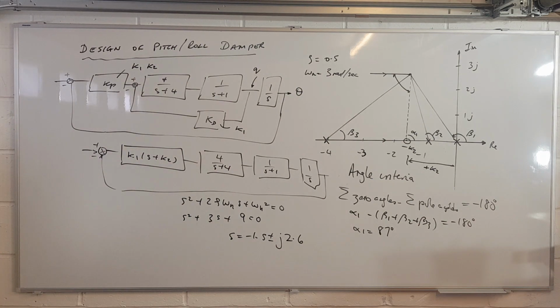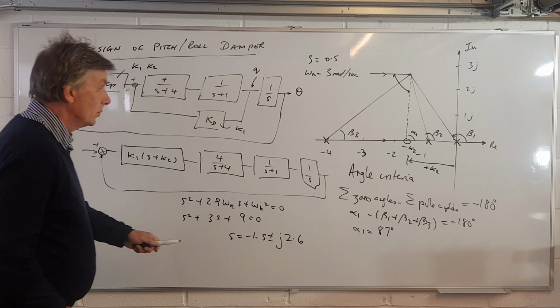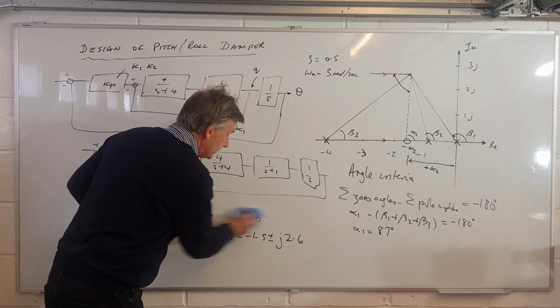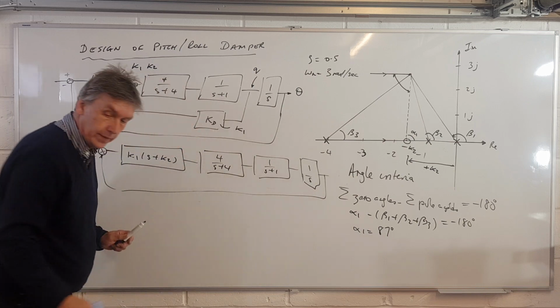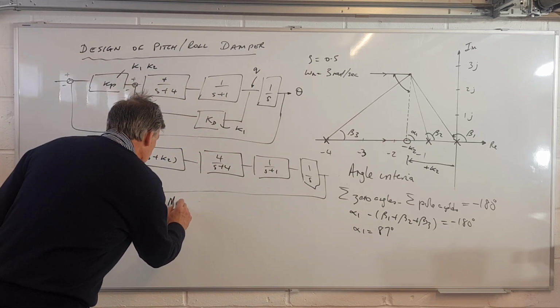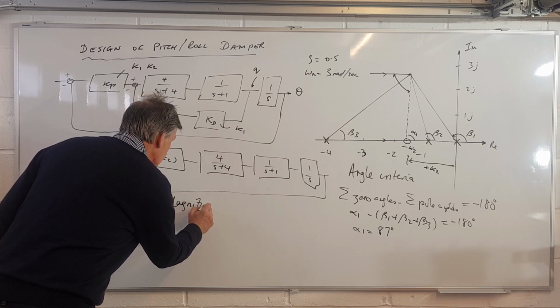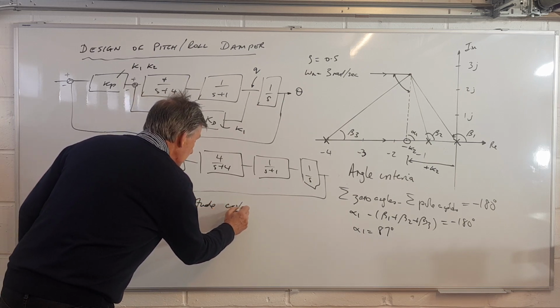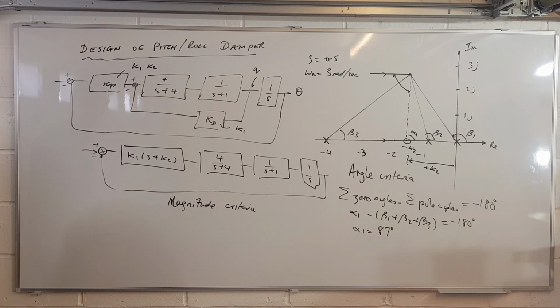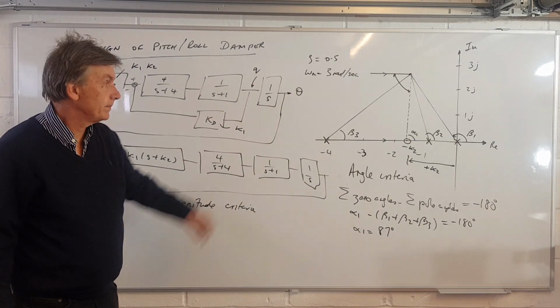The second stage is to work out what the gain K1 is. Now to do this, we'll need to make use of the magnitude criteria. And we'll also need to use our ruler to measure now the distances off this diagram here.